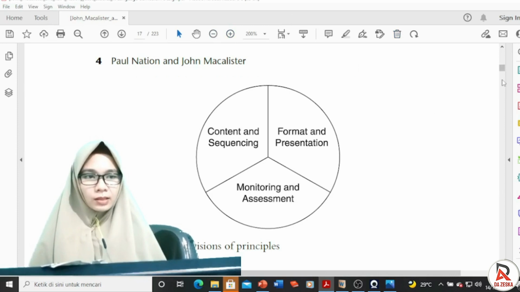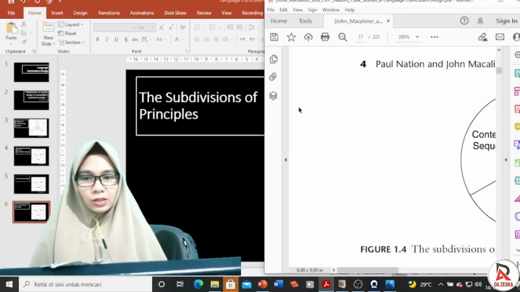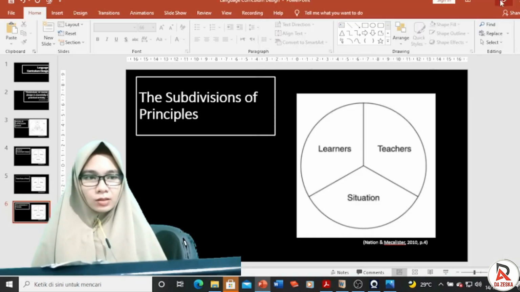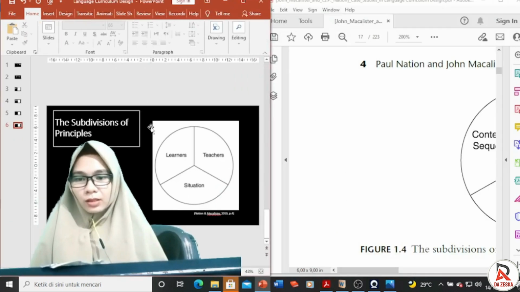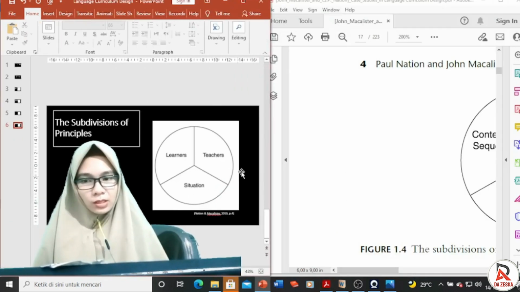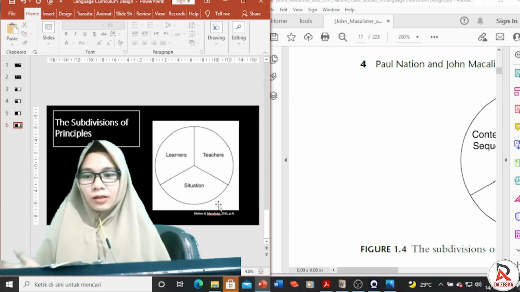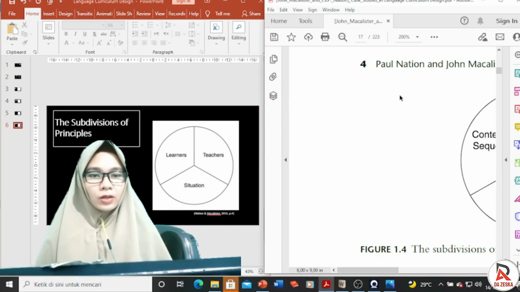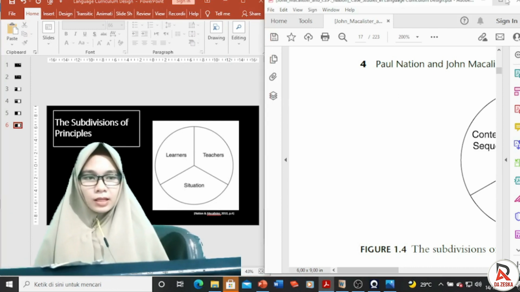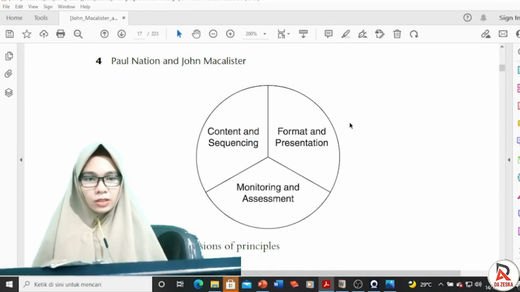The slide I showed you just now is not correct. So over here, this is not correct. This is not the subdivisions of principle, but these are the subdivisions of needs, needs for doing needs analysis. So let's just use this PDF.